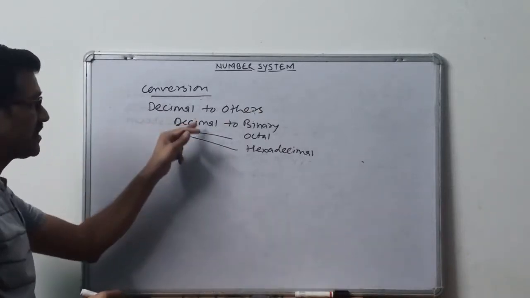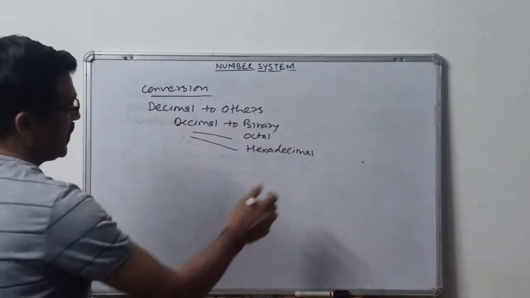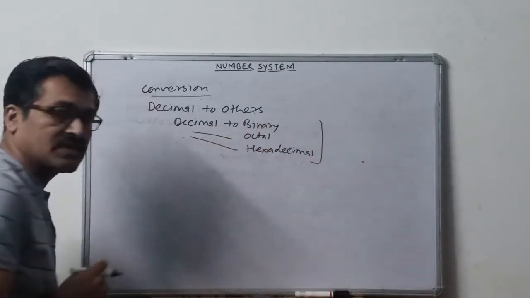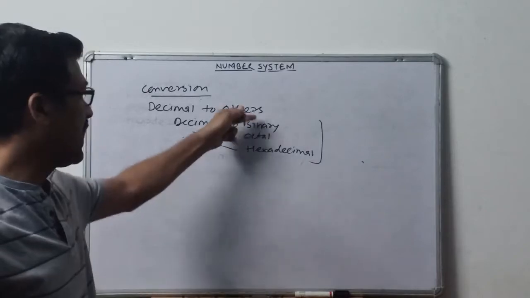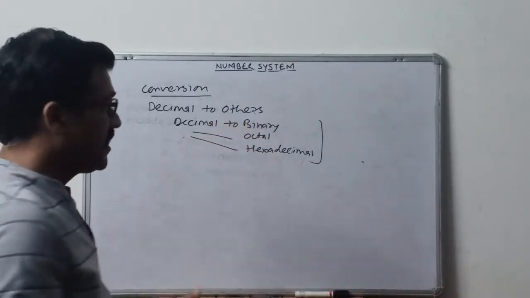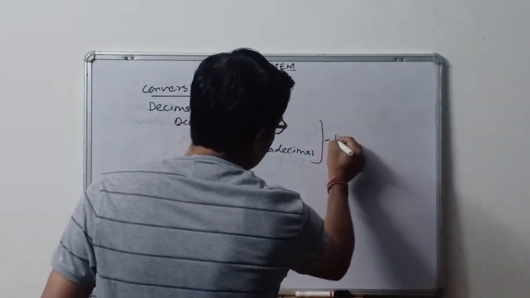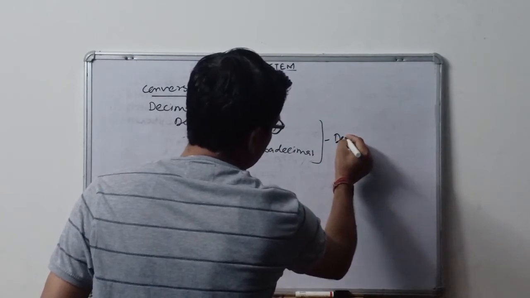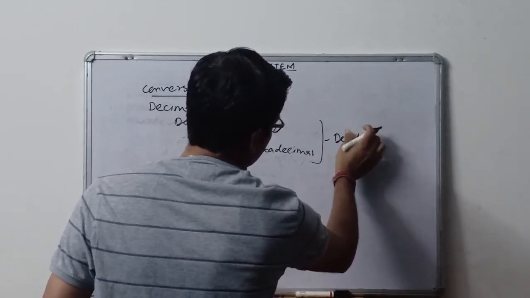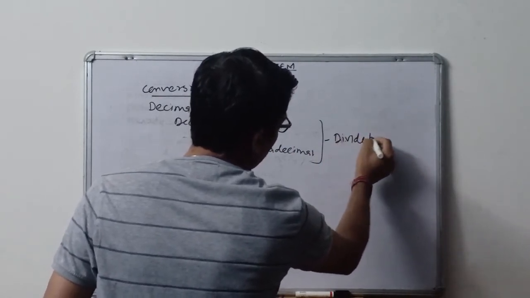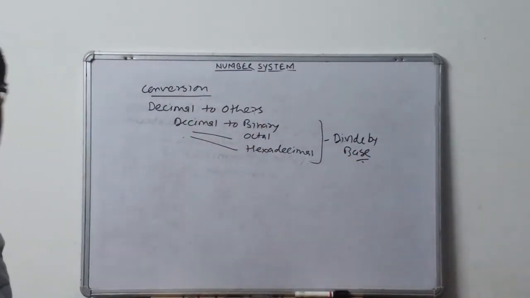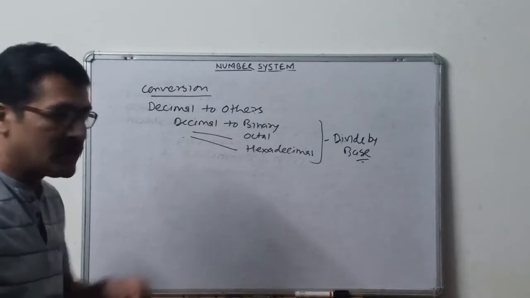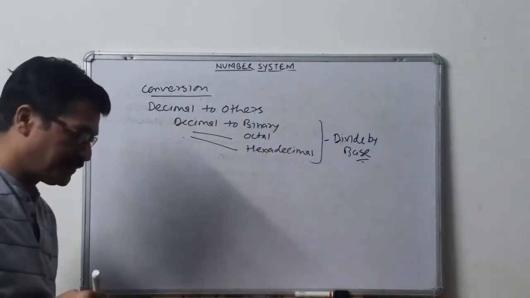Initially, first of all, decimal to binary. And for all these conversions, how to convert the decimal number into binary, octal and hexadecimal, we use the method divide by base. The method will be used here, divide by base.